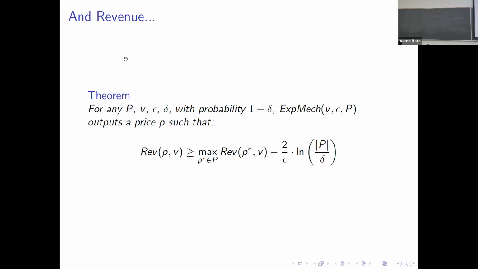But that's not too impressive just yet. If I just wanted a dominant strategy truthful mechanism, I could just throw away the bids and pick a price at random. And so this is only interesting if, simultaneously with approximate dominant strategy truthfulness, we can come close to maximizing revenue, close to competing with this revenue maximization objective.